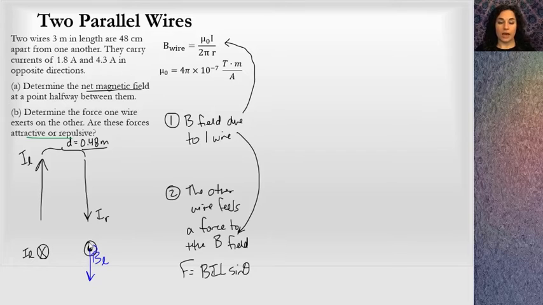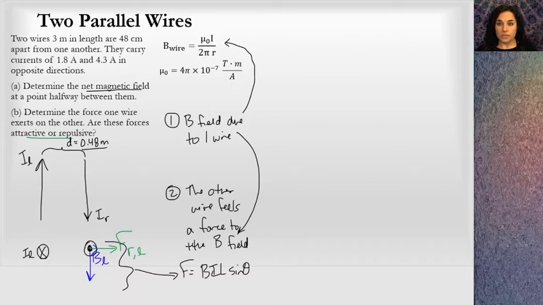I_R is pointing outward. So when I figure out this force, my thumb is out of the page because the current is out of the page. My fingers will point downward because the magnetic field is downward, and my palm points to the right. So what we're seeing is this force on this wire is repulsive, and I'm going to call this the force on the right wire from the left wire.